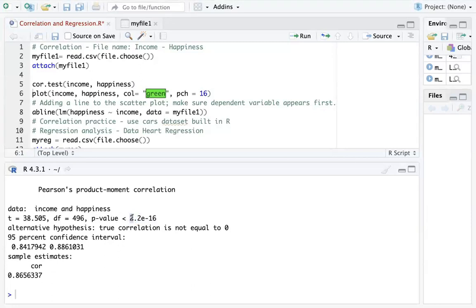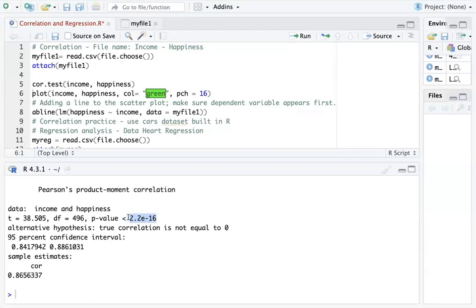One digit is already there, so we need to add 15 more digits. So we will place 15 zeros before this 2. It will be 0.000, and then 15 zeros and then 2.